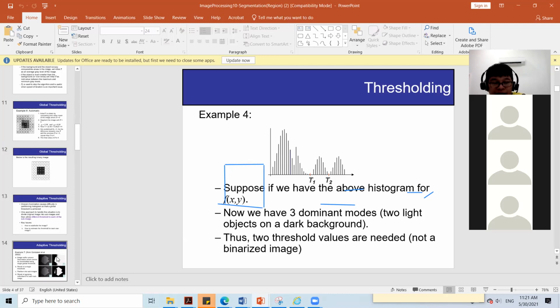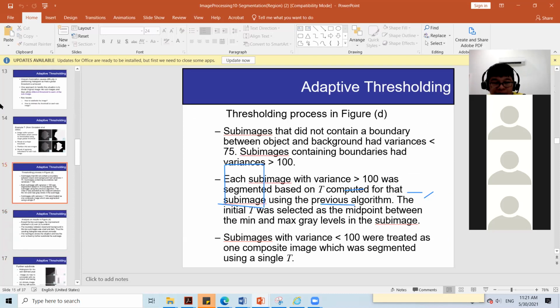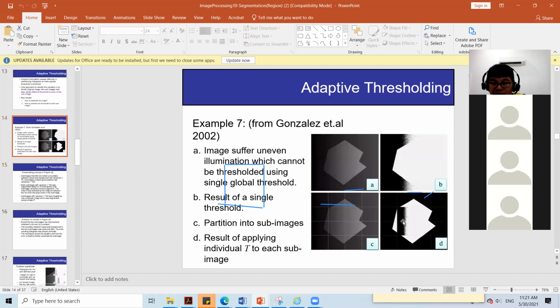The other problem is, if you use global thresholding on an image like this, the real image will have an illumination issue. When you snap a photo, due to the light source or other problems, the camera captures the image with artifacts.